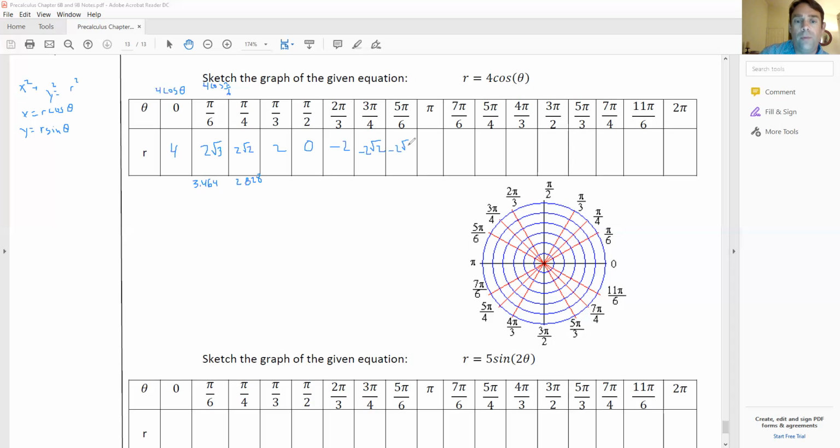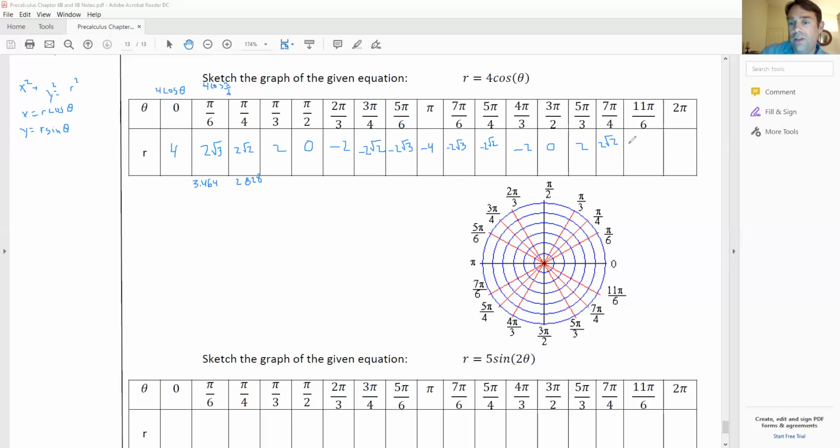So we're just plugging our numbers in so we can see what they look like. Negative 2 root 2. Negative 2 and 0. I went ahead and did these earlier so I could go through this a little bit quicker for y'all.